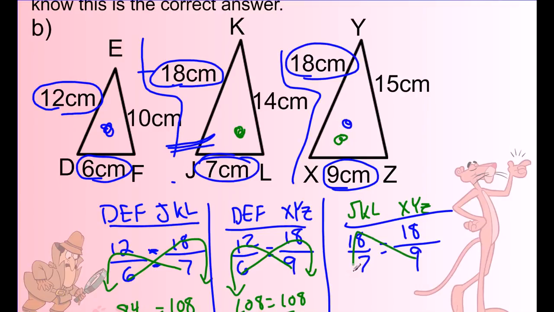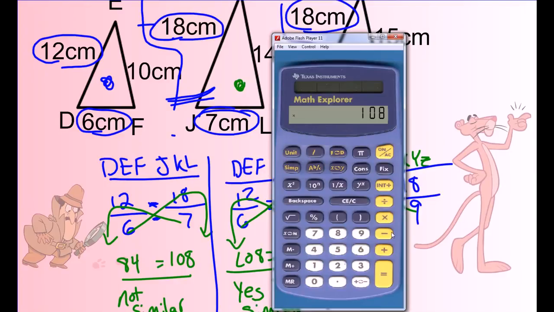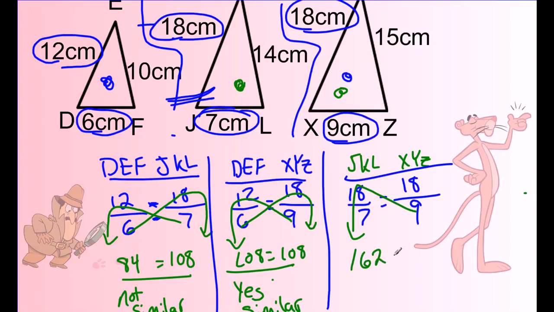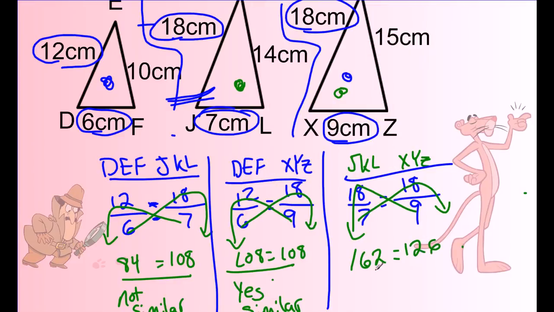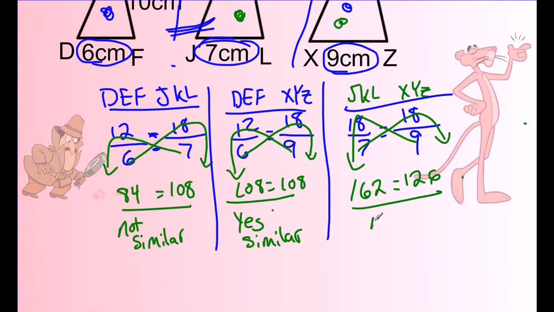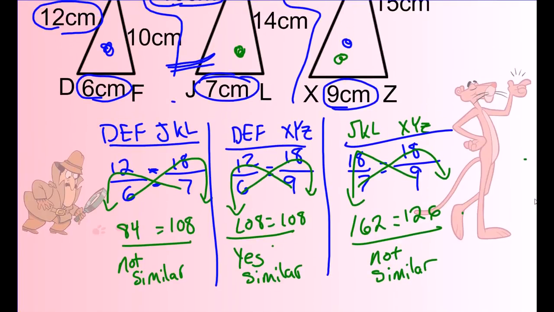I cross multiply. 9 times 18 is 162. 7 times 18 is 126. So no, those are not similar. Okay, so we can check for similarity by using a proportion, because similar figures are proportional.